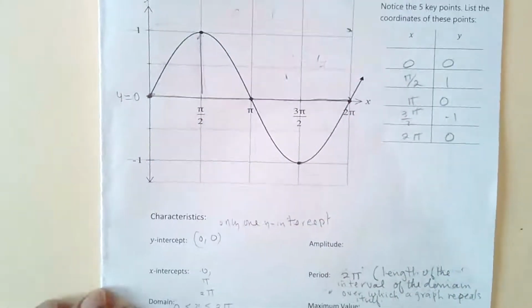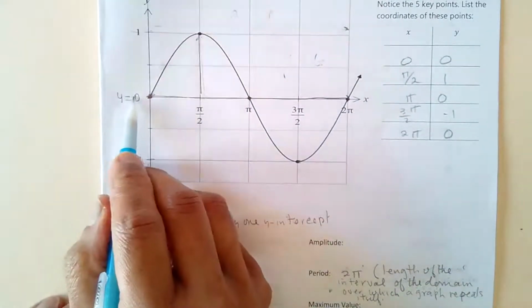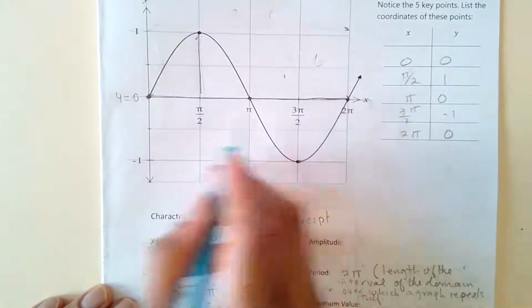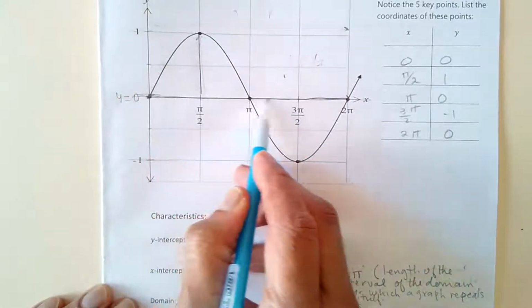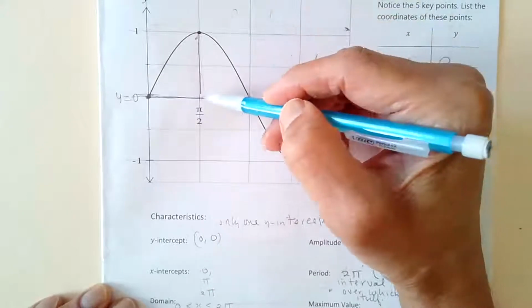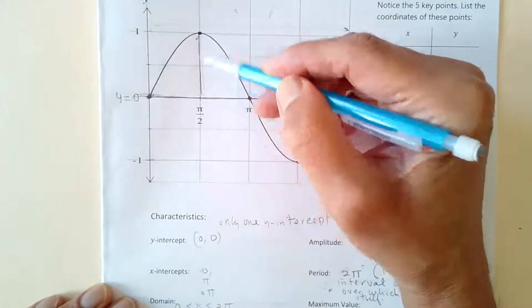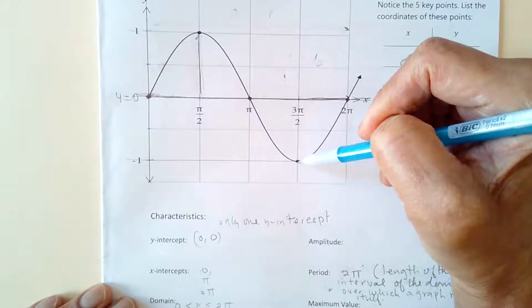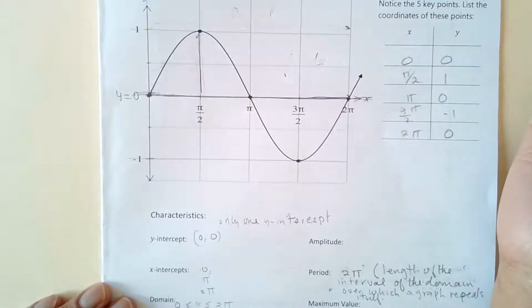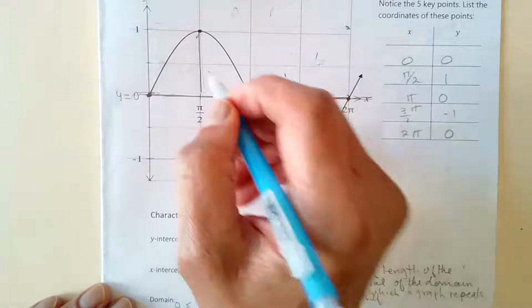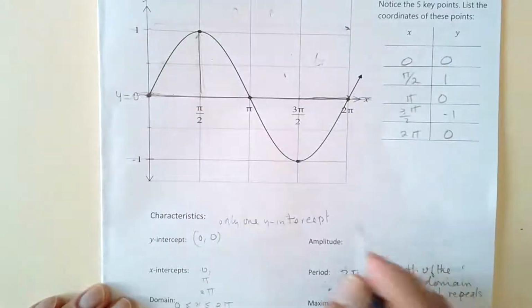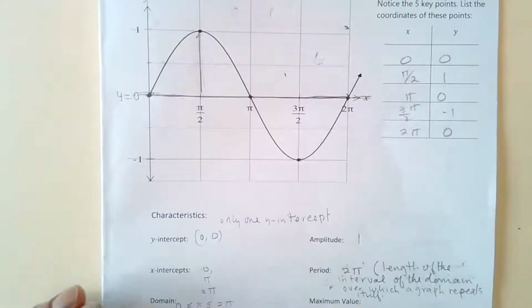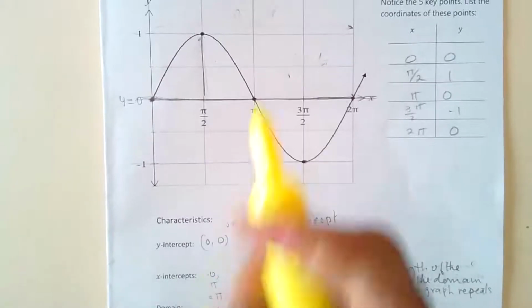And the midline, the equation is always y equal to the line that's in the middle between the maximum and minimum values of the sinusoidal function. So the amplitude here is 1. This is your amplitude here.